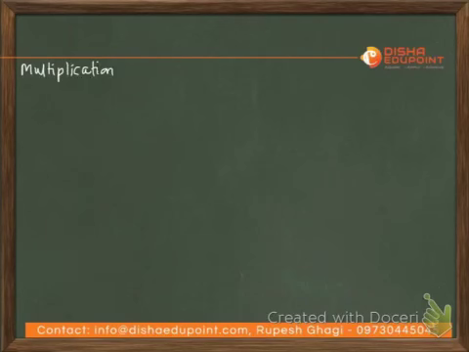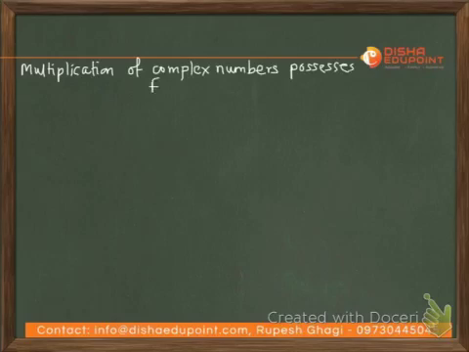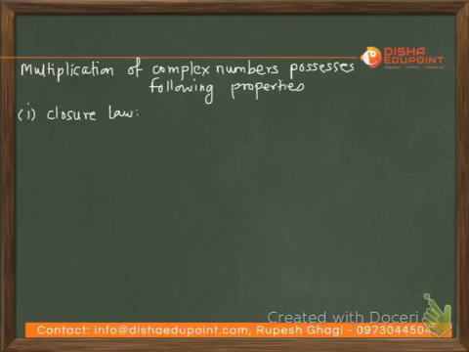Now there are some rules satisfied by multiplication of the complex numbers also. So these are the properties of the multiplication. Again the same properties. First is the closure law. So what does closure law state? That the product of two complex numbers is also a complex number.